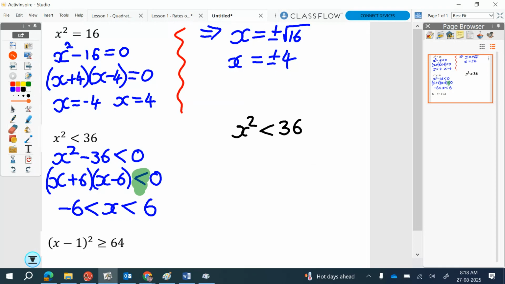What we can do is we need to split it up into two equations. You can use an equation system. So this implies that x is less than the square root of 36, or x is greater than the square root of negative 36.